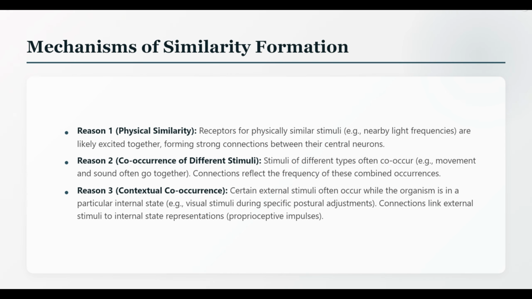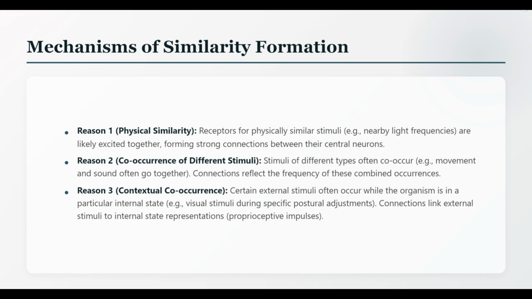Let's break down why co-occurrence leads to similarity. First, physically similar stimuli often hit nearby receptors at the same time. Think of light waves of slightly different colors hitting adjacent photoreceptors. Second, different types of stimuli often appear together. Movement and sound often go hand in hand. So, the neurons processing movement and the ones processing sound will get linked because those events frequently coincide.